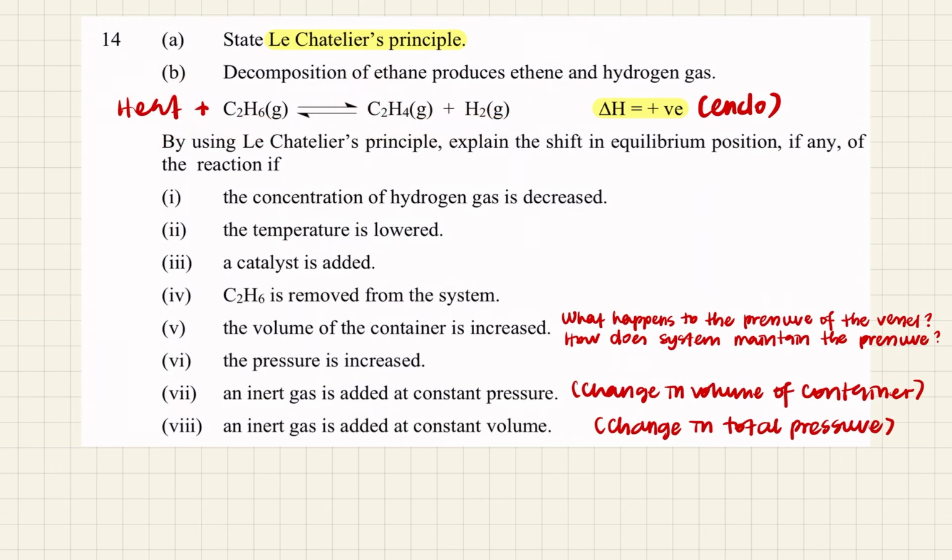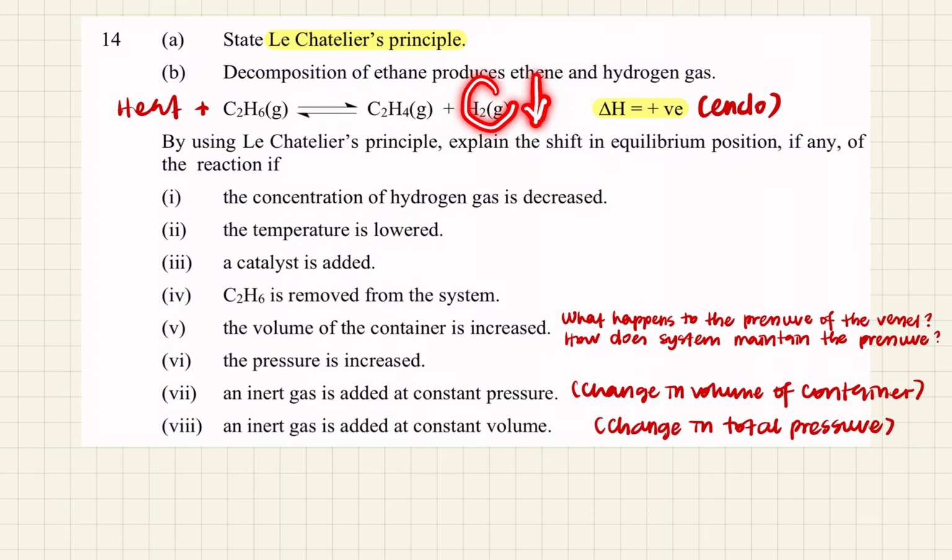Alright? So, by using Le Chatelier's principle, explain the shift in equilibrium position, maksudnya shift to right or shift to left, if any, of the reaction, if, number 1, the concentration of hydrogen gas is decreased. So, hydrogen gas here, kalau your hydrogen gas is decreased, what will your system do? It will try to increase the concentration balik, okay, untuk maintain the equilibrium.